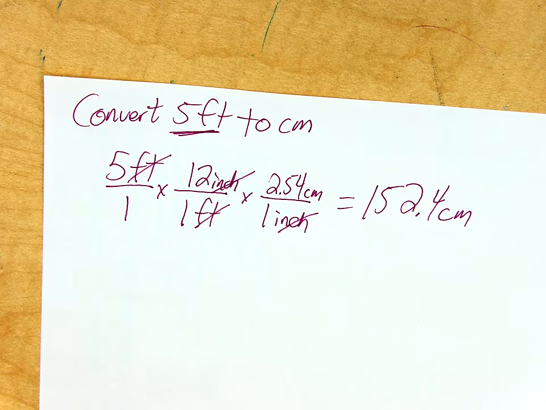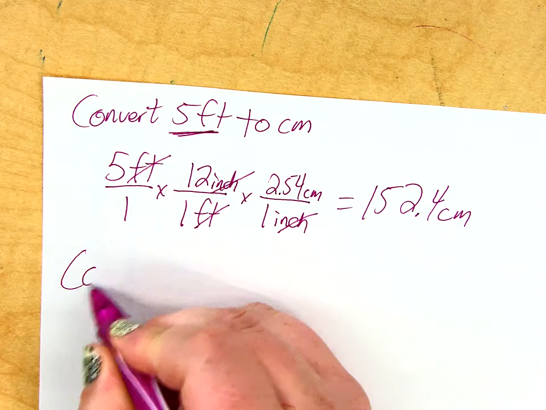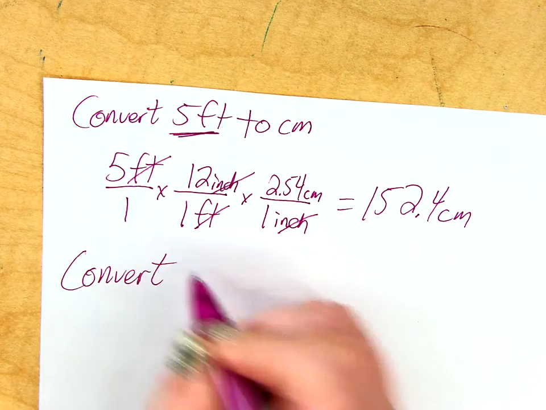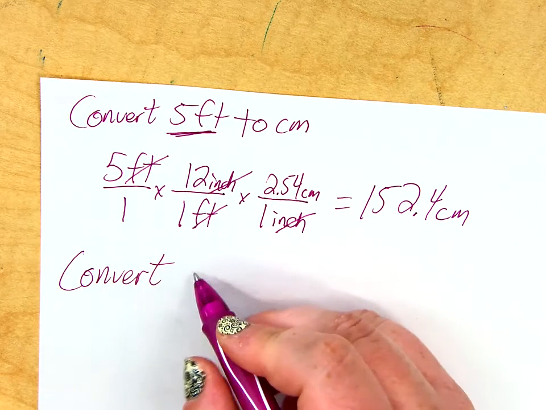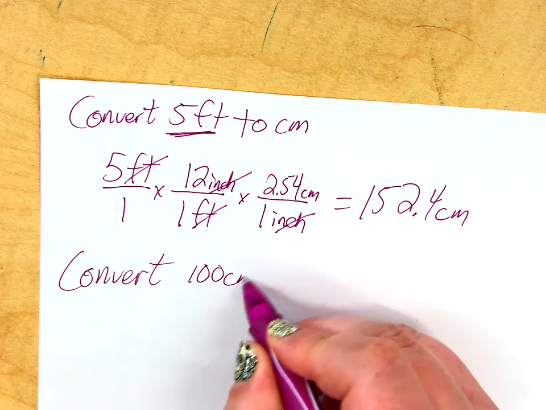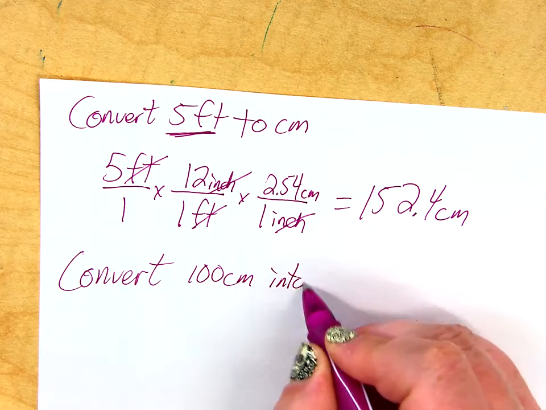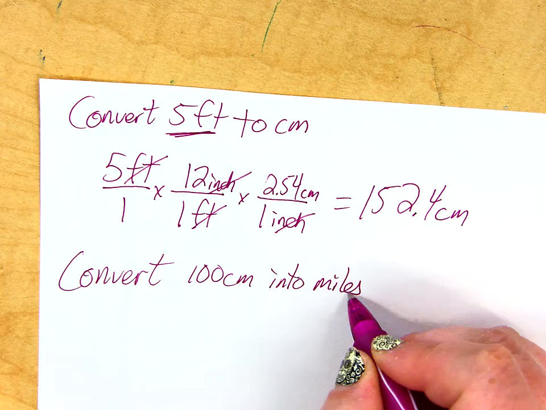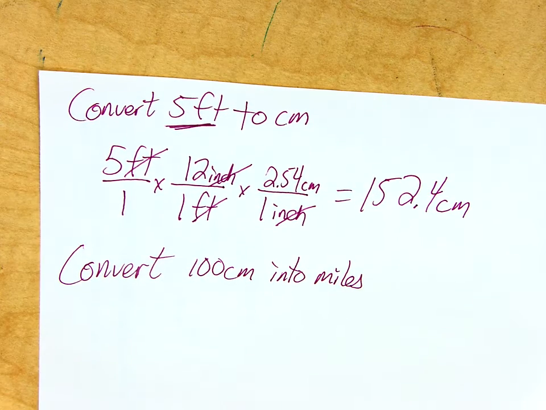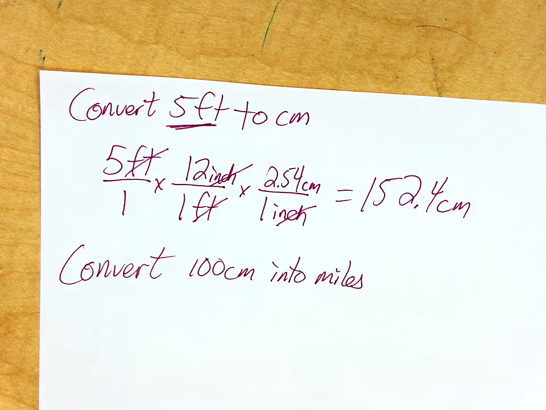Let's try something a little bit different. Let's say we had to convert, I don't know, how about 100 centimeters into miles? So this time I'm going from a small unit and I'm trying to work my way up to a big unit. I have no idea how many centimeters are in a mile.